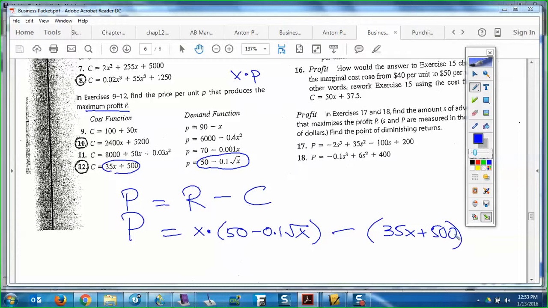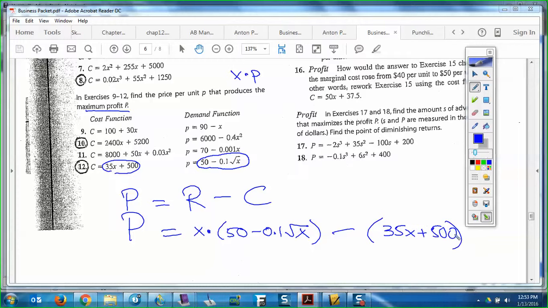They're not always complete as far as a list of candidates or a number line. So don't use these as necessarily a guide of how you want your quiz to look. It's pretty close. But I just noticed on 12, I didn't do a list of candidates or anything like that. This one could be just a one-candidate thing, and do a number line and show that it's a max.